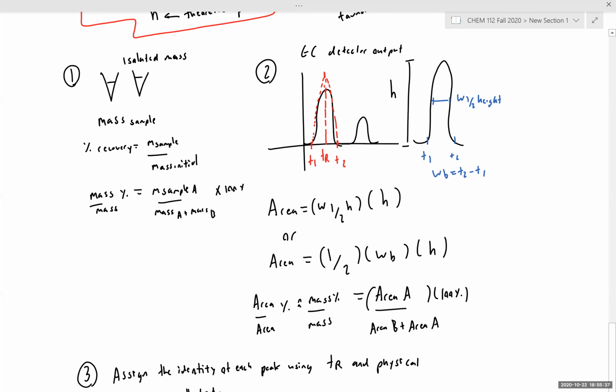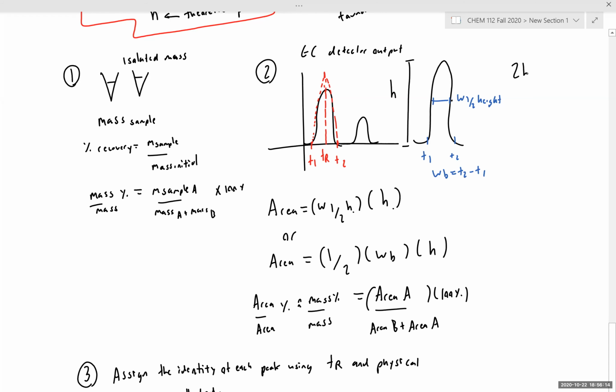Now, there are 2 methods of calculating peak area, both of which are commonly used by integration algorithms and practically in analyzing and working up gas chromatograms. The first is to take your area by calculating 1/2 times the peak width times the height. The other method is to identify the width at half height, and the area is defined as the width at half height times the height.